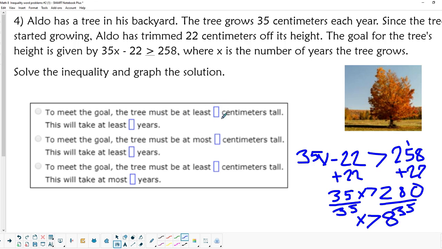So the inequality that describes this best then is this one right here: to meet the goal, the tree must be at least 258 centimeters tall and at least 8 years old. So that would describe that situation. Okay, so you've got to watch for those little details, and then remember, here's our solution down here.